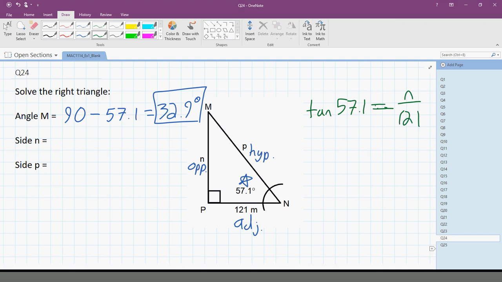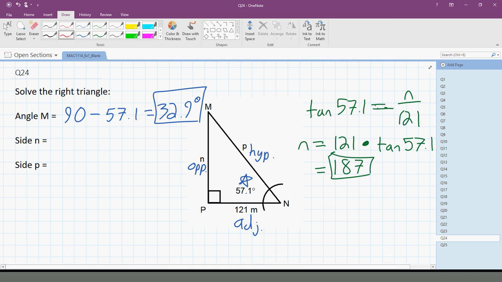When we cross multiply to solve, n is equal to 121 times tangent 57.1. It says round to the nearest integer, so 187. Perfect.